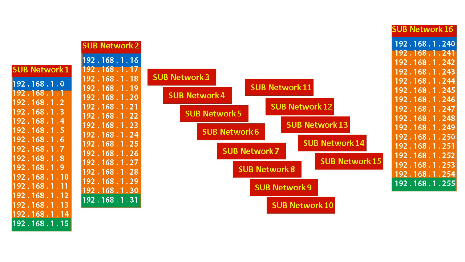So the next subnetwork will start with the host IP range between 192.168.1.17 and continue to 192.168.1.30, and the network ID will be 192.168.1.16 and the broadcast ID will be 192.168.1.31. Therefore, in this way, this single network can be further subdivided into more networks as the requirement arises for the organization.